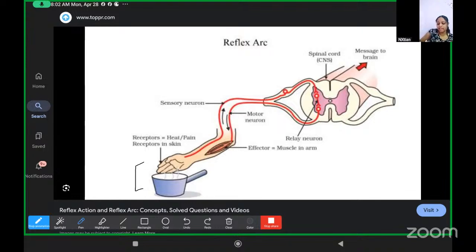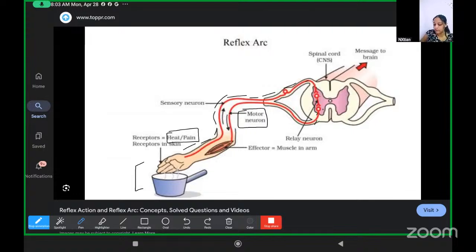There are receptors present in the skin that will receive the heat or pain. Then through these receptors, the sensation will go. There are motor neurons that pass it on to the spinal cord.